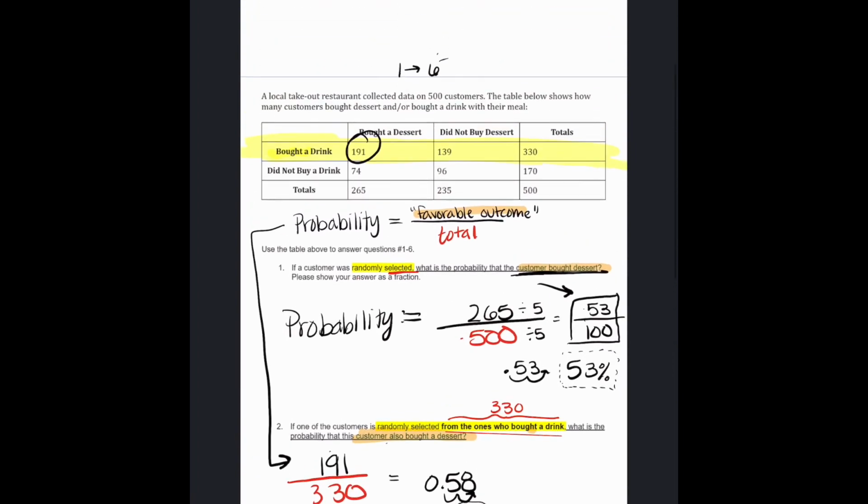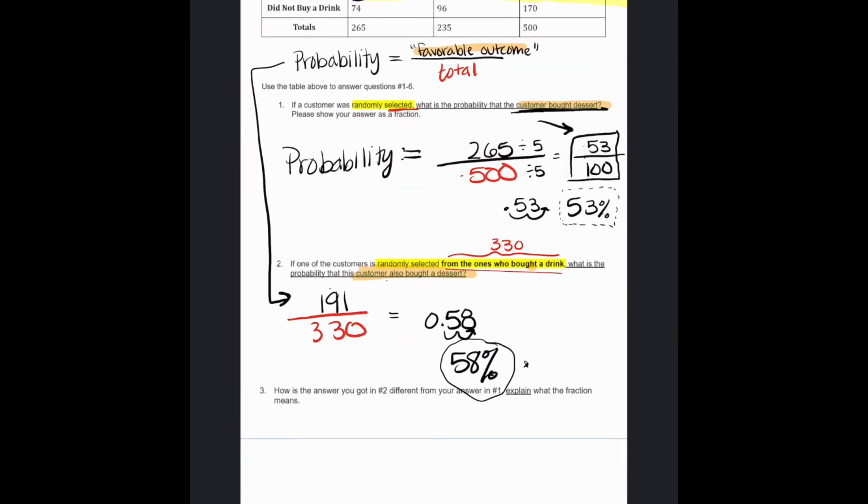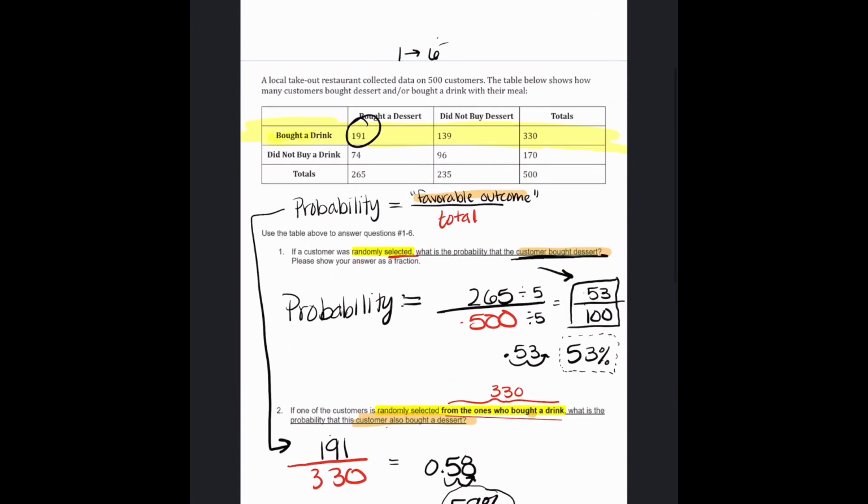And I always like to read it again as a percentage because it lets me check my answer. If a customer was randomly selected from here, what's the probability that they bought a dessert? We got 58%. So looking at 191 and 330, I'm like, oh, okay, that seems like it would be 58%. Whereas if this was like 6 and I got 58%, I'd be like, no, that doesn't make sense. So that's why I like to read it out loud too.